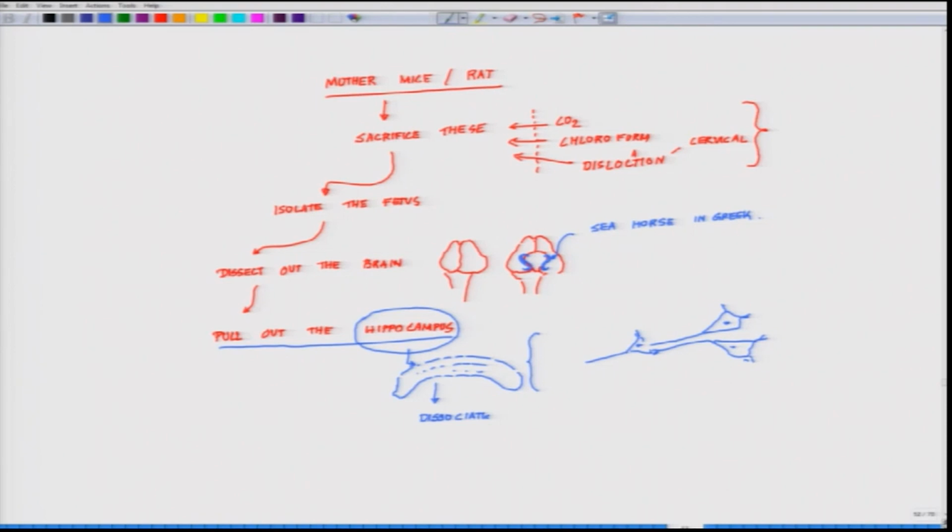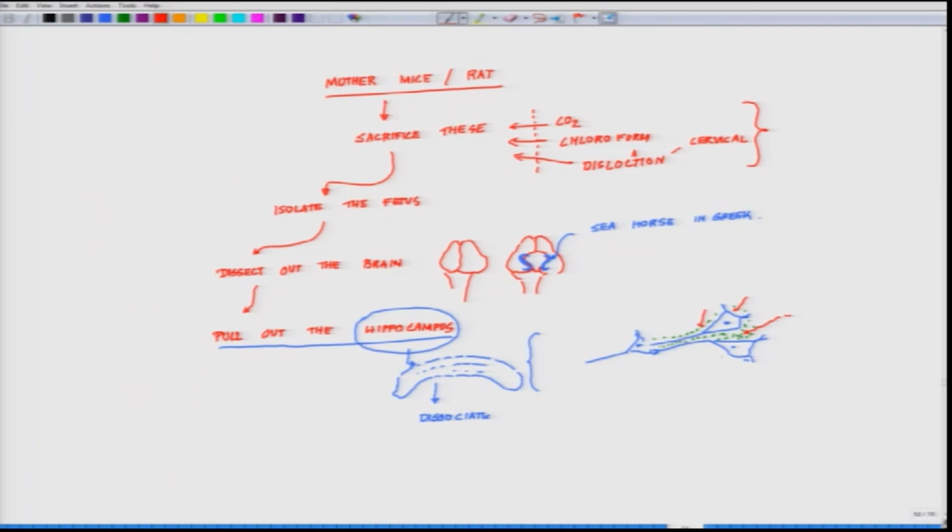When you are dissociating it, in between you have a lot of extracellular matrix features. I am just showing 2-3 neurons here, but there are thousands and thousands of them forming this tissue.